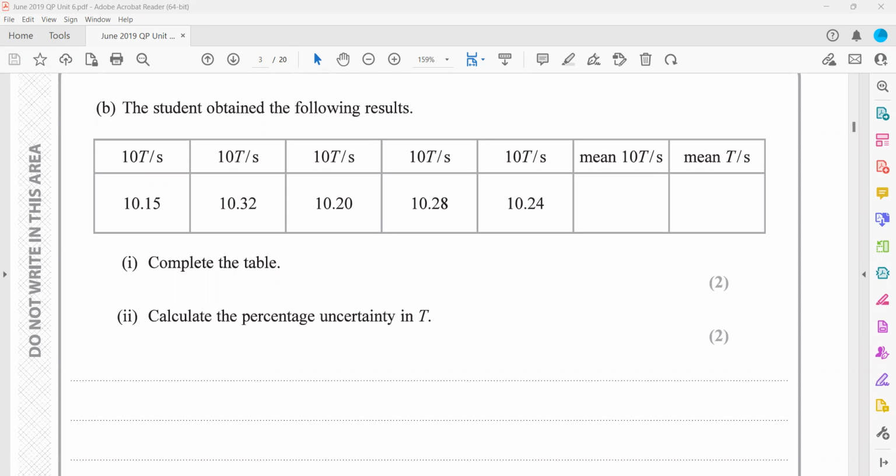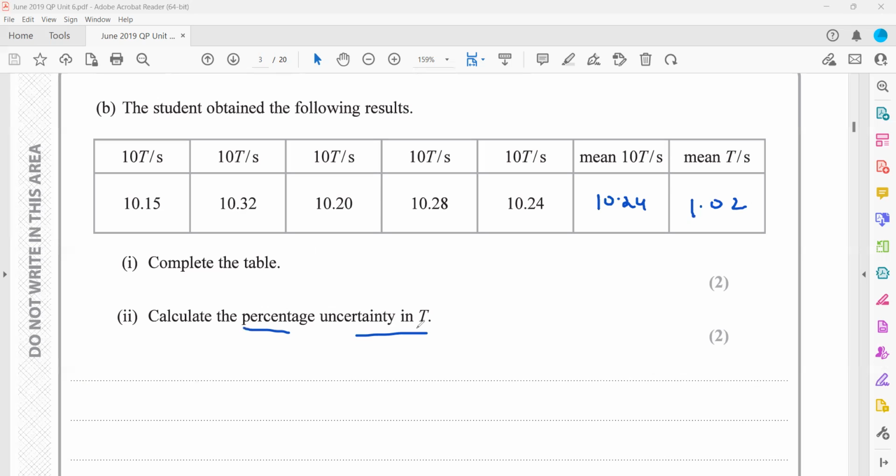To take an average, we sum and divide by the total: 10.15, 10.32, 10.20, 10.28, 10.24. This will be 10.238, which is equal to 10.24. Then for the time for one oscillation, we divide by 10, so it will be 1.02.